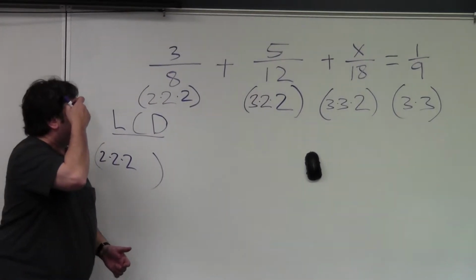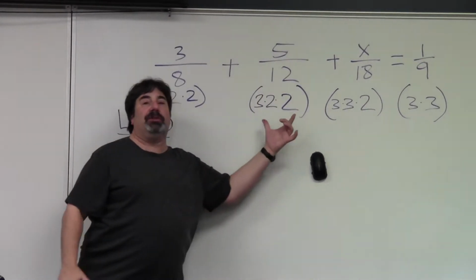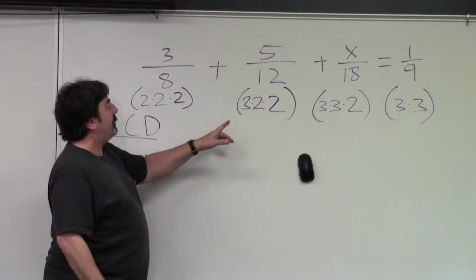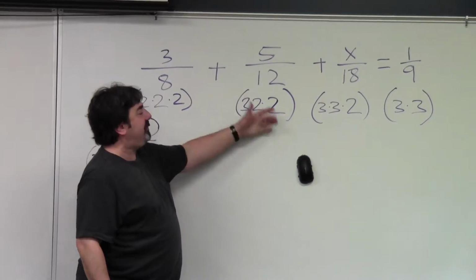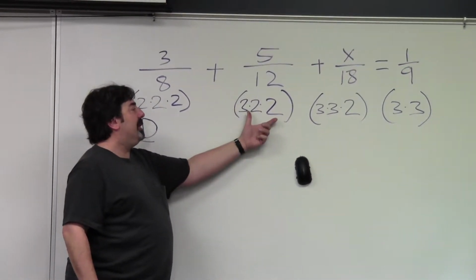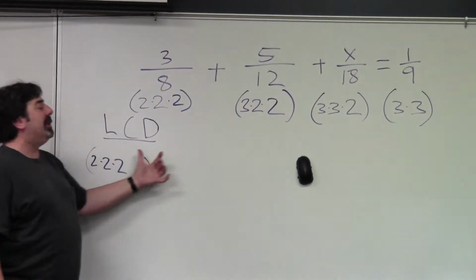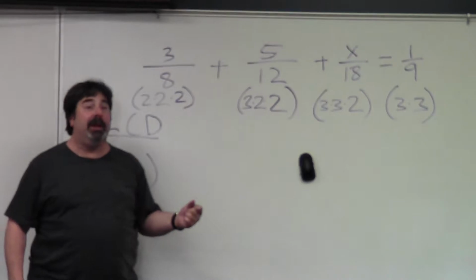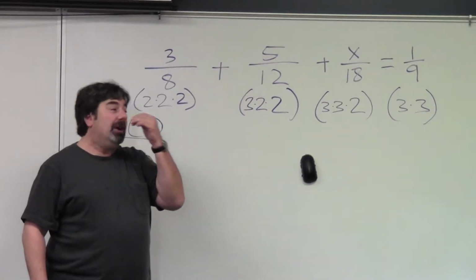Then we look at our next denominator, which is 12. The prime factors for 12 are 3 times 2 times 2. The most times that 2 occurs in this denominator is twice. Since we already have 3 2's in our lowest common denominator holding pen, the 2's are already covered for 12.